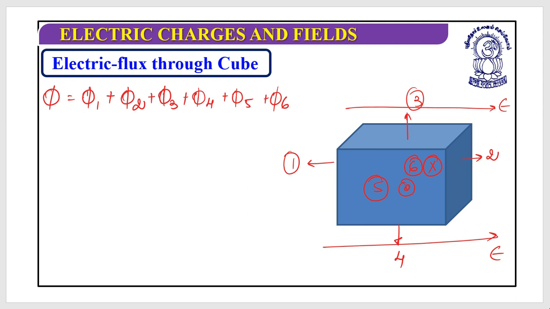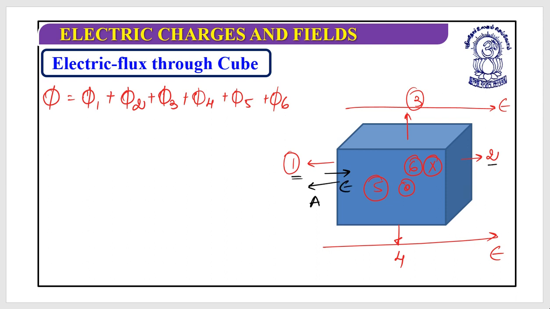Now let's do this very quickly. In the flux through the first, this is the direction of the area vector. Always try to look at your room. It's wall number 1, which is to the left of you. This is the direction of the electric field. This angle is 180 degrees.